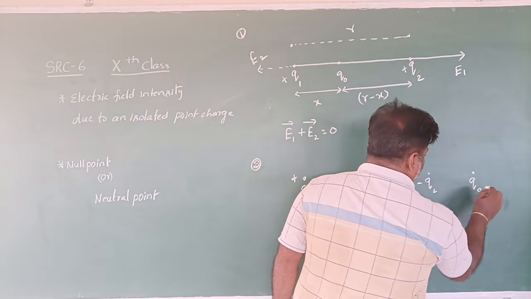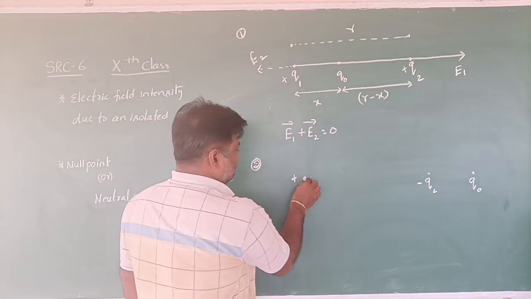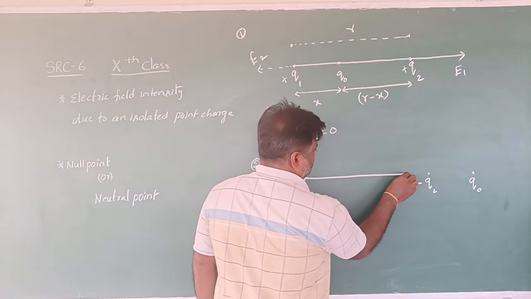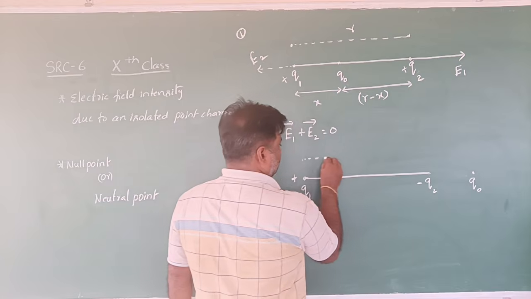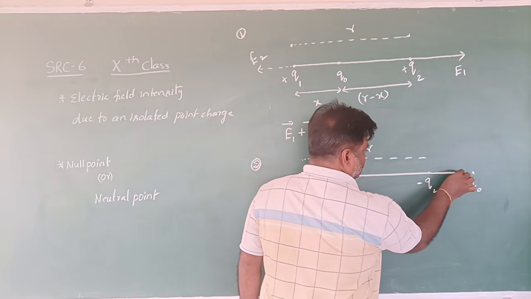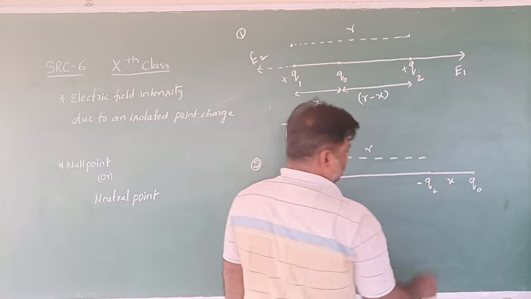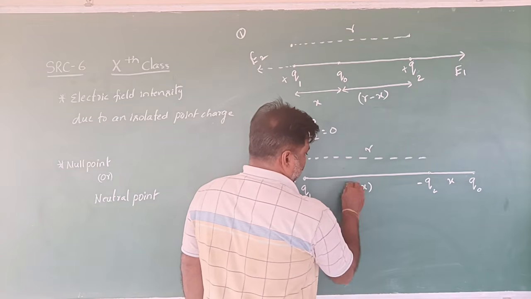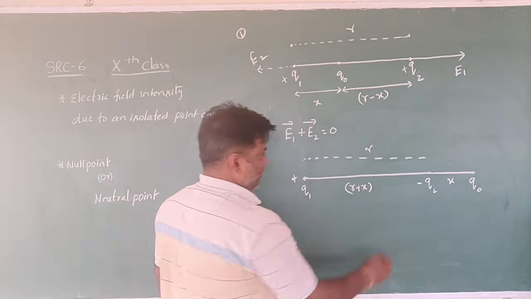They are separated by a distance r, and Q0 is at a distance of x from Q2. And here it is at a distance of r plus x from Q1.